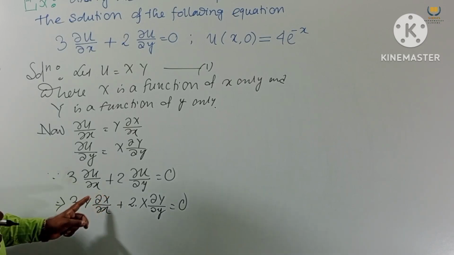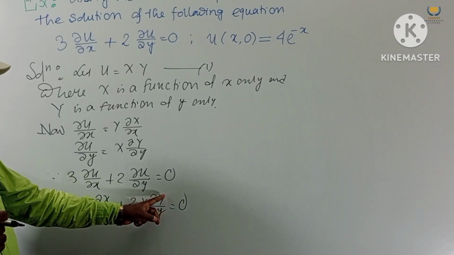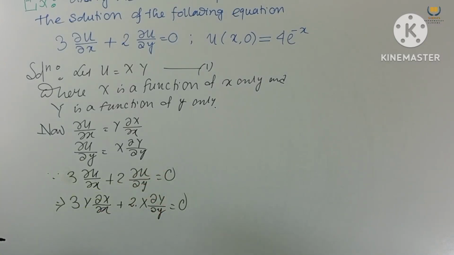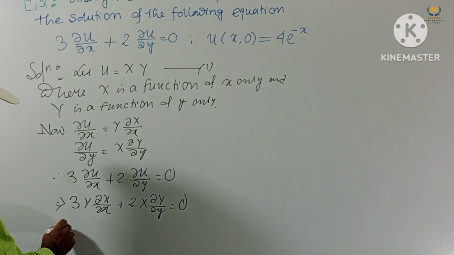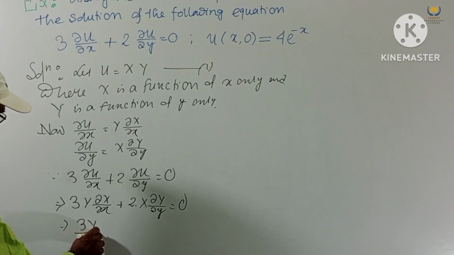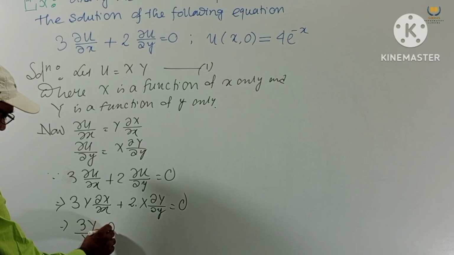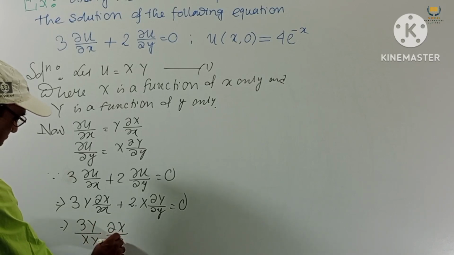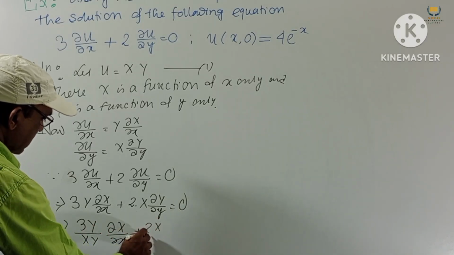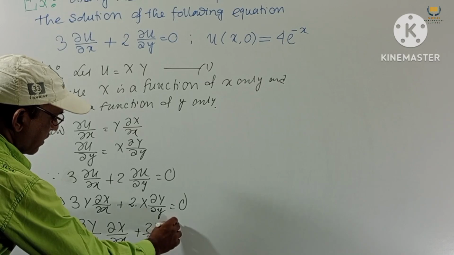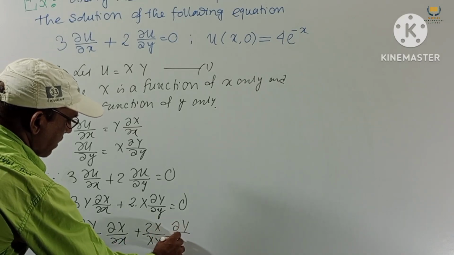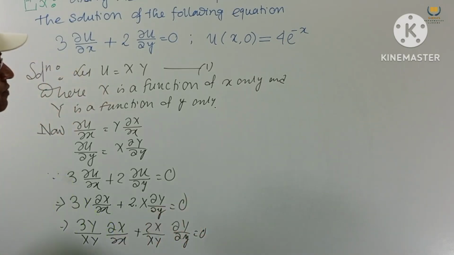Now our equation is variable separable. Here we get x, but here y. We divide both sides by XY. If we divide by XY, we get 3 Y X prime by XY plus 2 X Y prime by XY equal to 0.